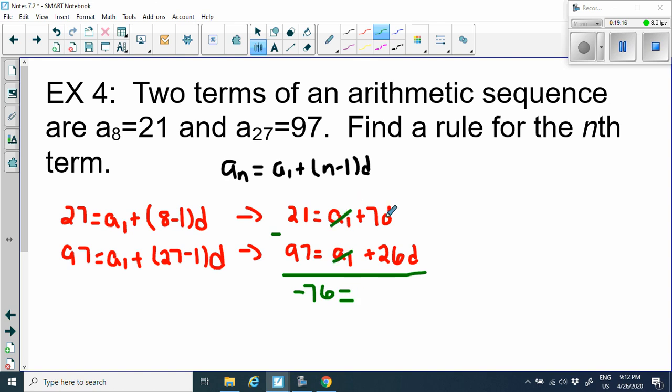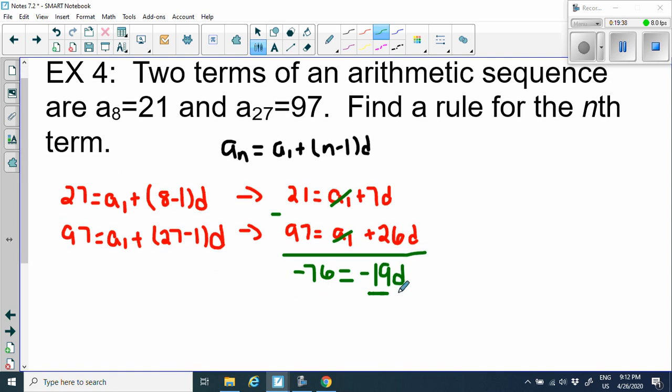And don't forget this one, 7d minus 26d, and that gives me negative 19d. So be careful with that. What I would suggest is probably changing that negative into the positive and then changing each of these signs. That'll allow you to not forget to subtract your d value here. So now to solve for d, I divide both sides by negative 19. And that will give me a positive 4 for my d value.